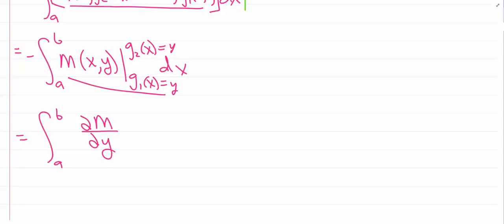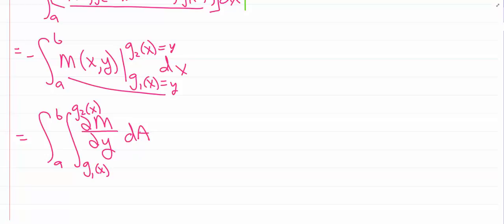In other words, if I put another integral in here and say g1 of x, g2 of x, and then I have dA here, this is going to be the same, right?